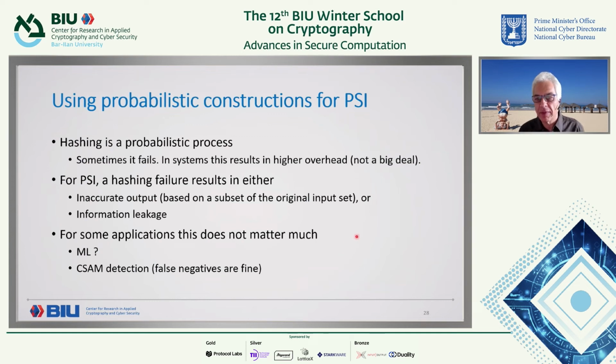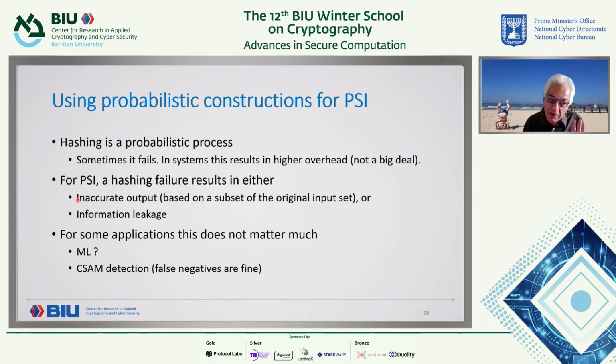And this happens for many constructions of PSI. We use hashing. It's a probabilistic process, sometimes it fails. When we use hashing, say, for caching in an operating system, then if you have a failure, the system runs a bit slower. If this happens in 1 in 1,000 cases, it's not a big deal. In PSI, each hashing failure results in either inaccurate output or information leakage, which is something that we don't want to have.